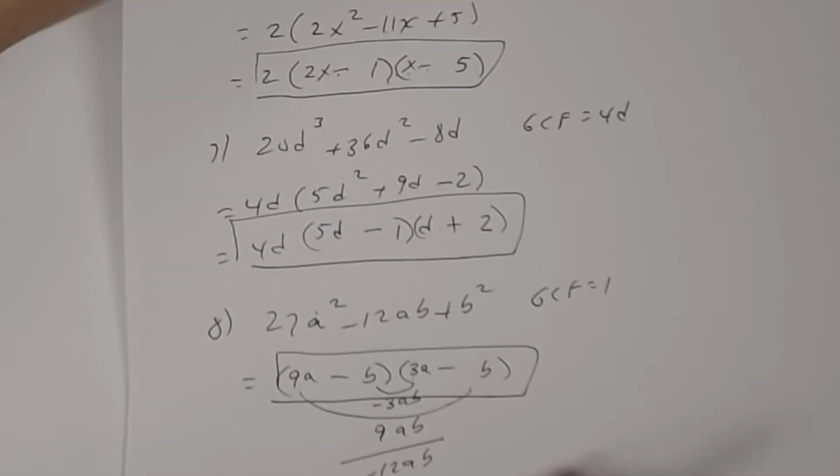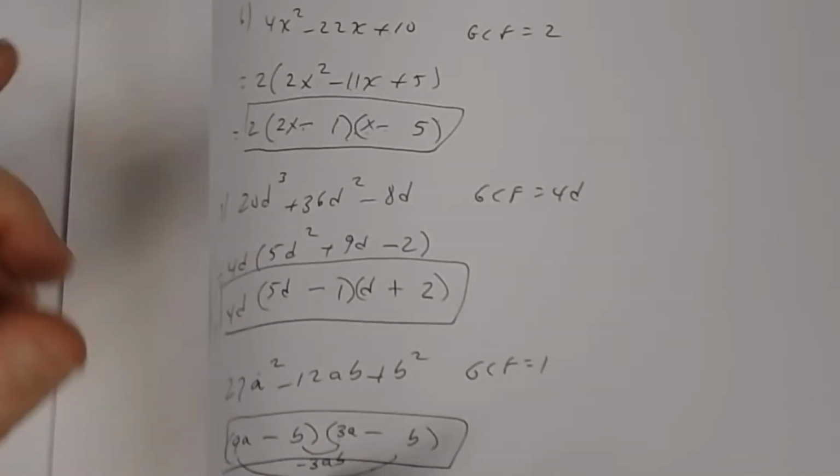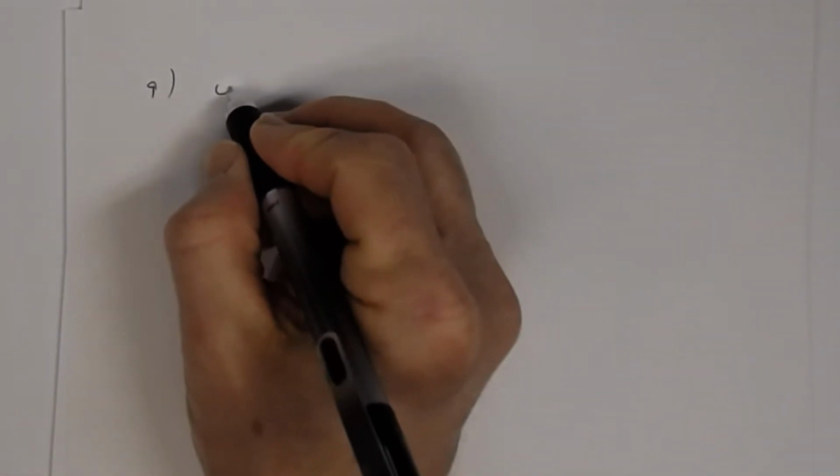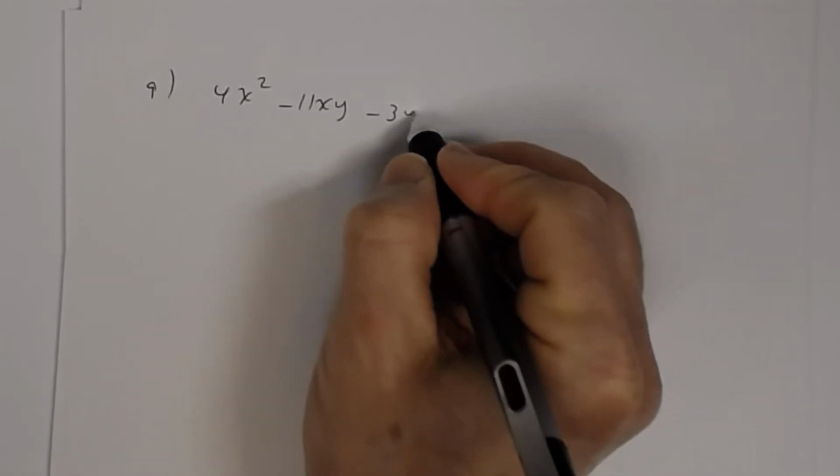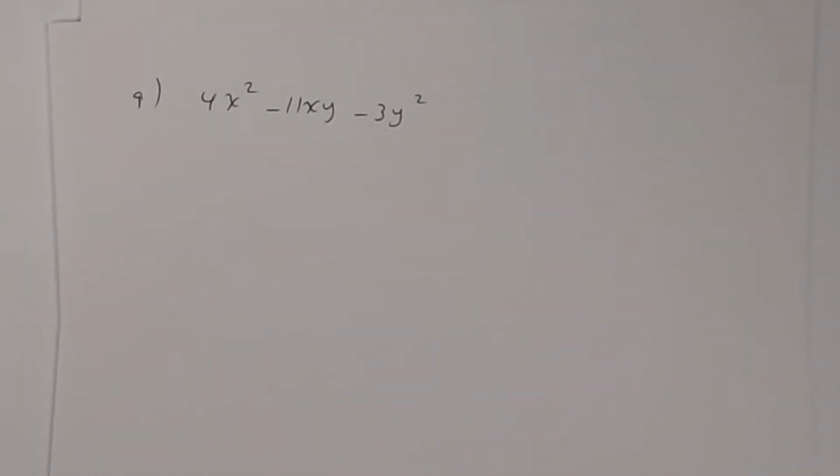Number 9. In number 9, we have 4x squared minus 11xy minus 3y squared. All right. So again, two variables.